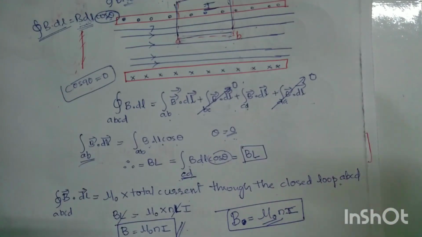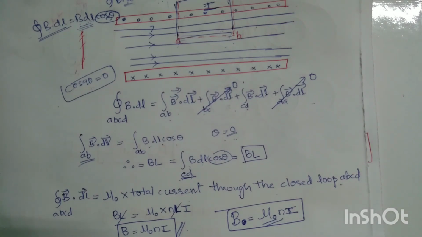Basically, a solenoid is a long, circularly wound conducting wire, which is insulated from each other. The turns are not connected to each other, there is insulation, so that there is no loss of current.